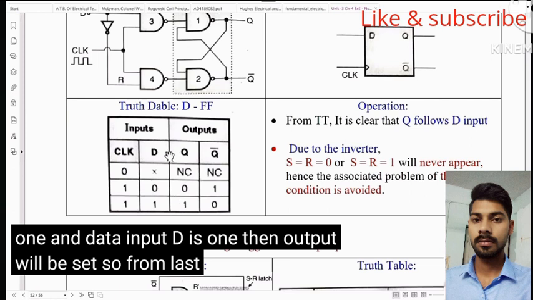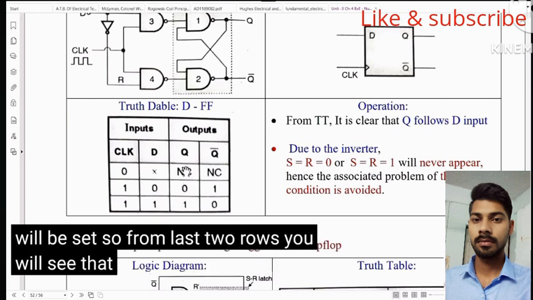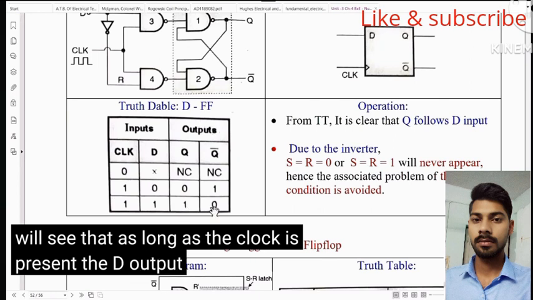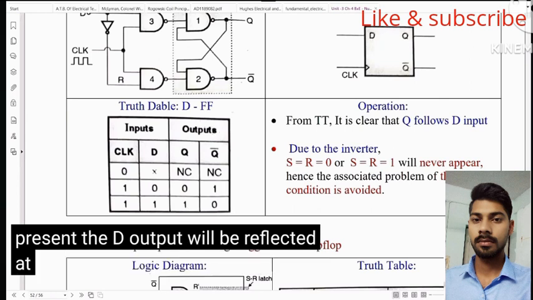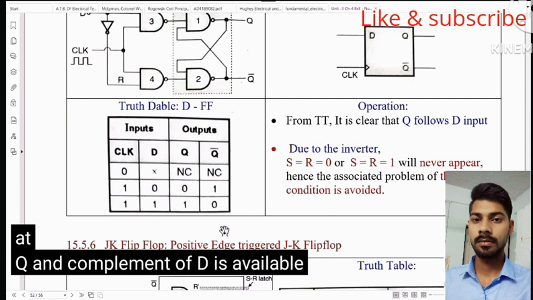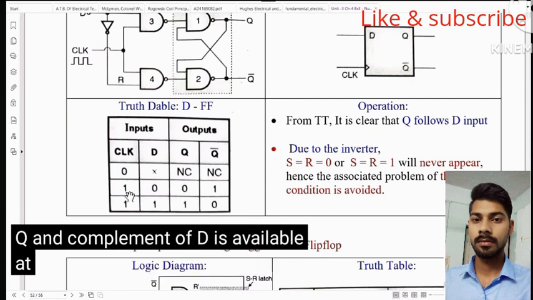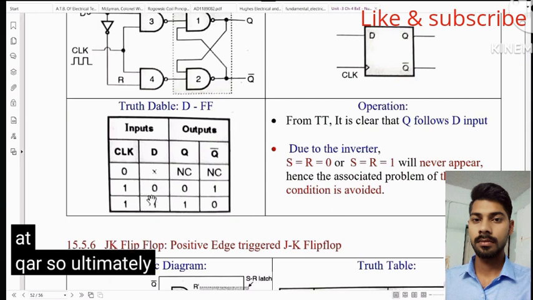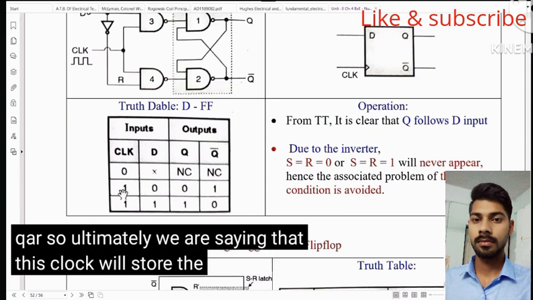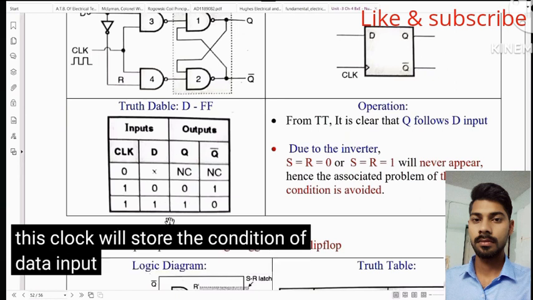So from the last two rows, you will see that as long as the clock is present, the D input will be reflected at Q and the complement of D is available at Q bar. So ultimately we are saying that this clock will store the condition of data input in the flip-flop.